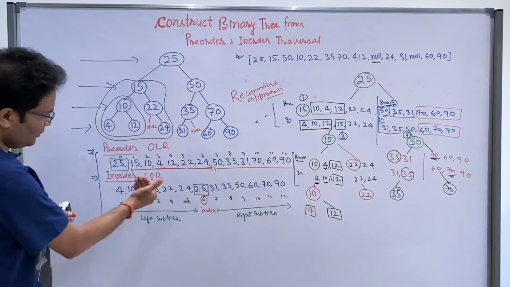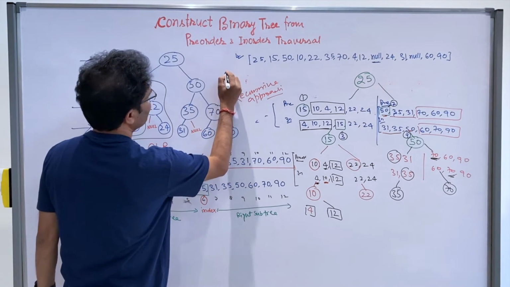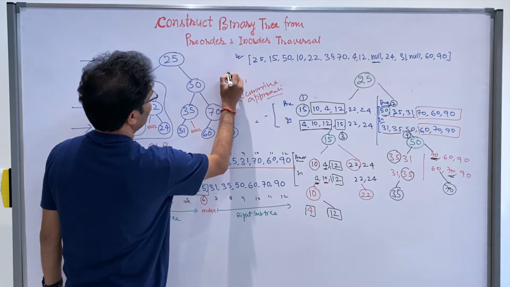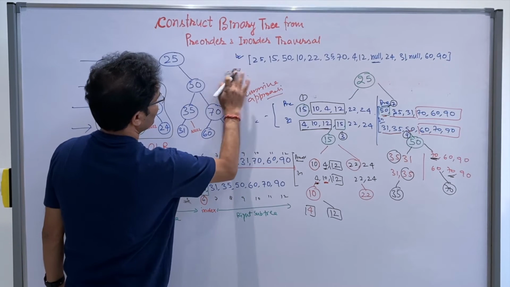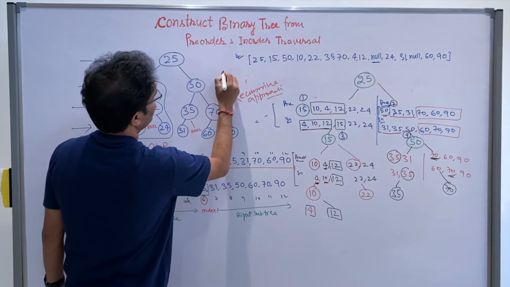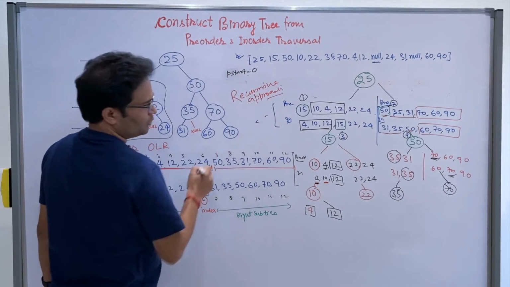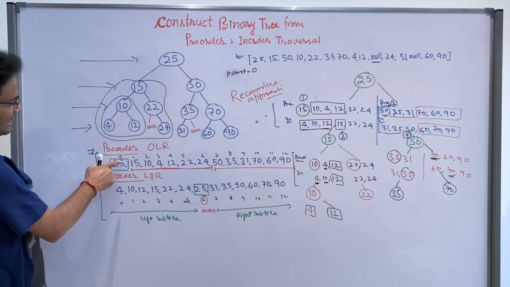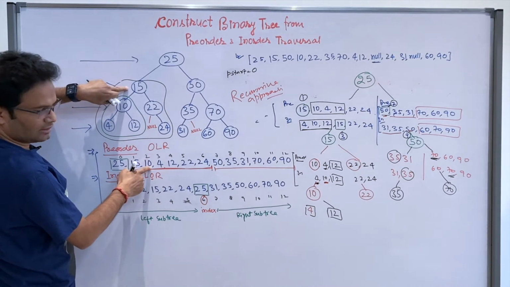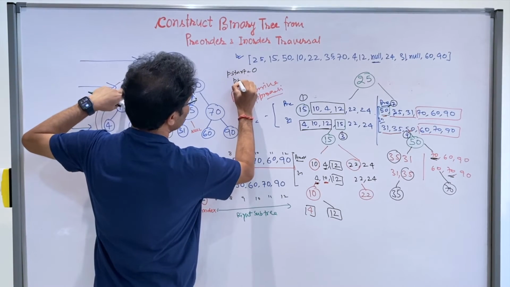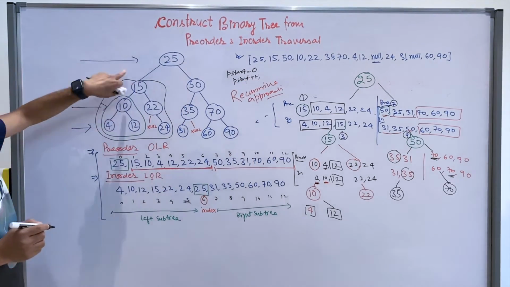So if you start from 0, we can give the start of the pre-order, pre-order start. If you start the pre-order at 0, second time, what is the parent here? Plus 1. So whenever you do the p start plus plus, you will get the root of the left side.